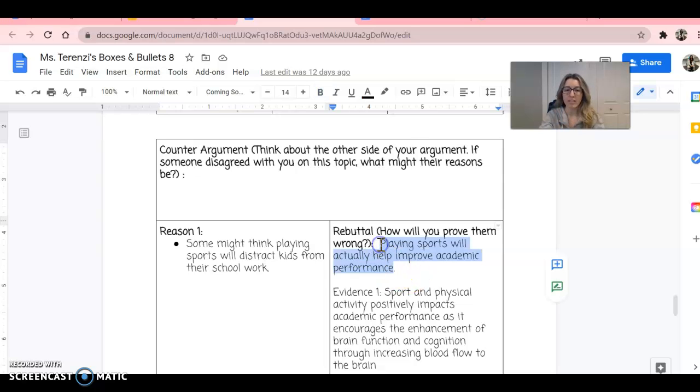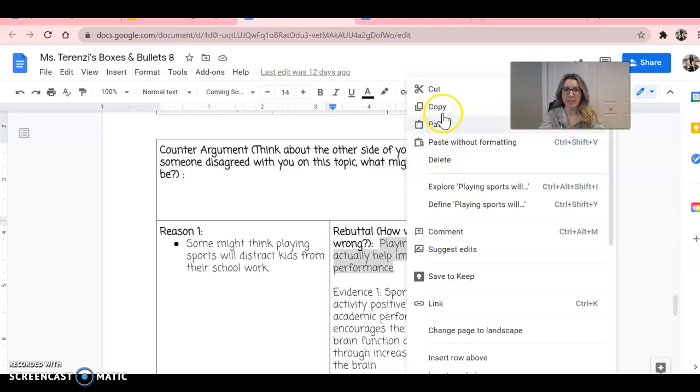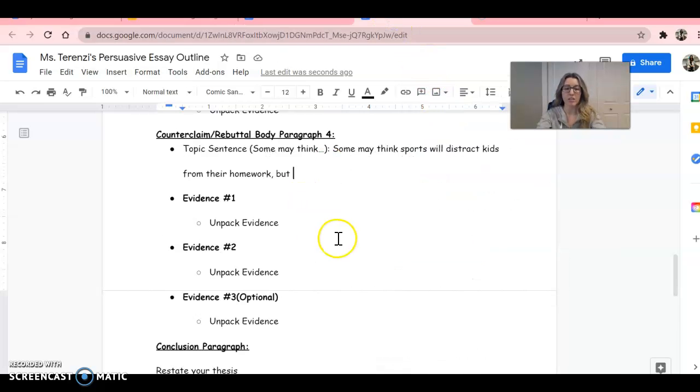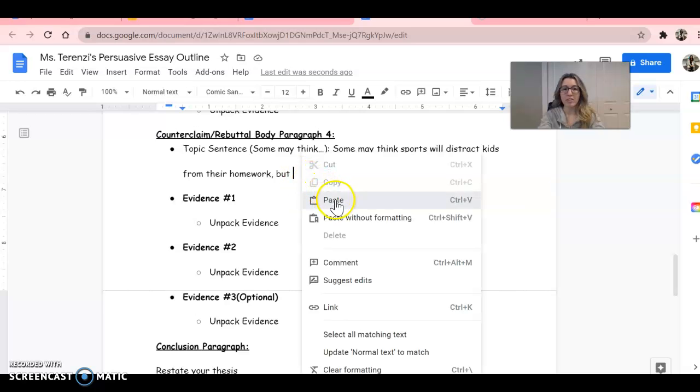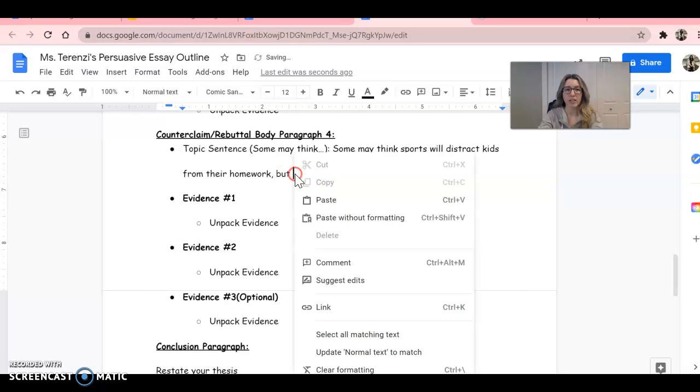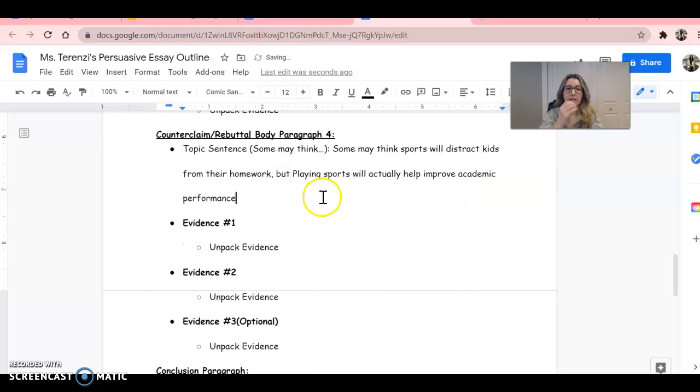So this is the rest of my topic sentence. So what I'm doing is I am copying and pasting from my boxes and bullets what my rebuttal is, because you want your topic sentence for your counter argument paragraph to be your counterclaim along with your rebuttal. So some may think sports will distract kids from their homework.